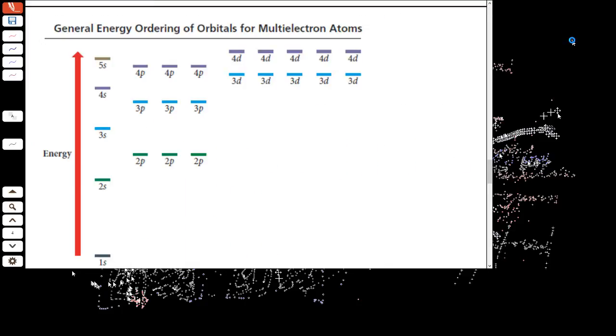Okay, what do you notice happening as the levels go up? As the n levels go up, what's happening to the energies of the orbitals? They're kind of getting closer together.